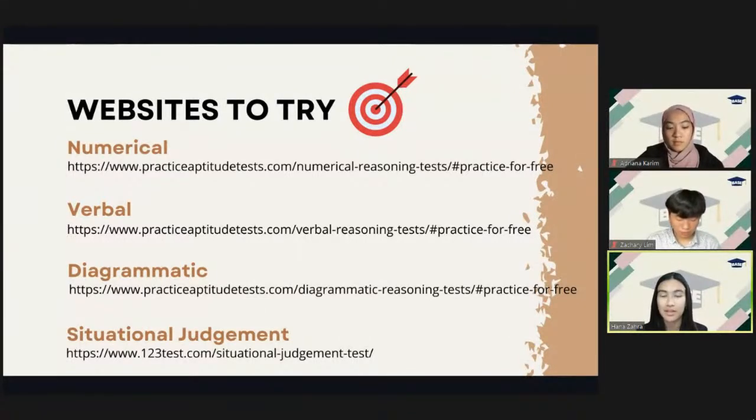You don't have to know it super deep or super well, as long as you understand the gist of it. All right. So I believe that is all for assessments.